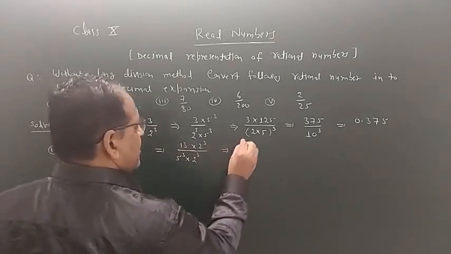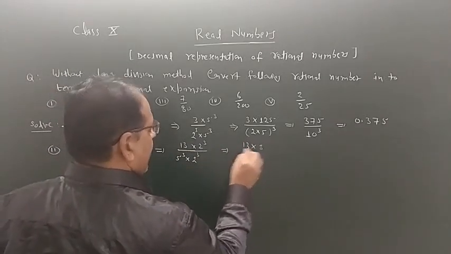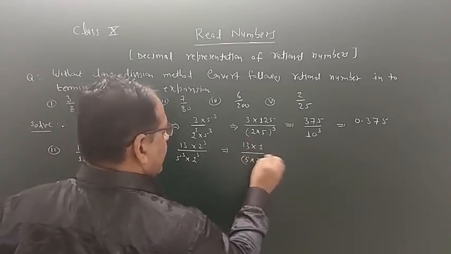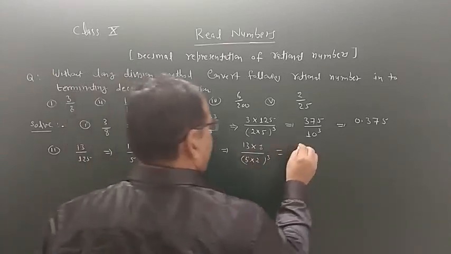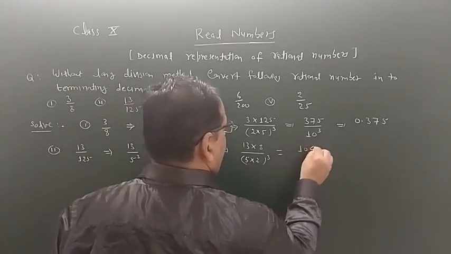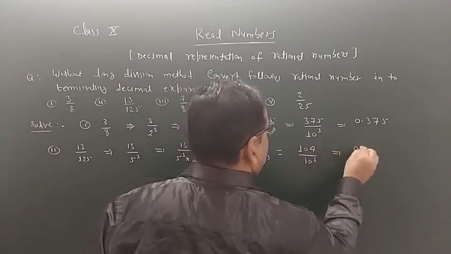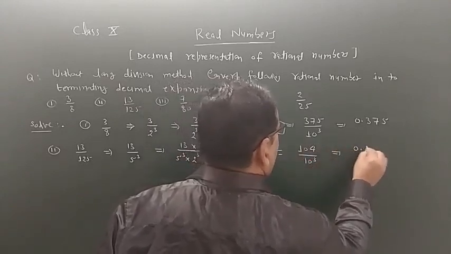This can be expressed as 13 into 8 upon (5 into 2) whole power 3. That means 104 upon 10 to the power 3. This can also be written as 0.104.